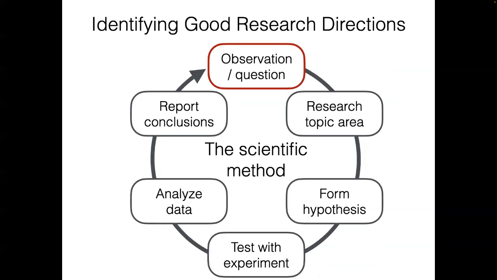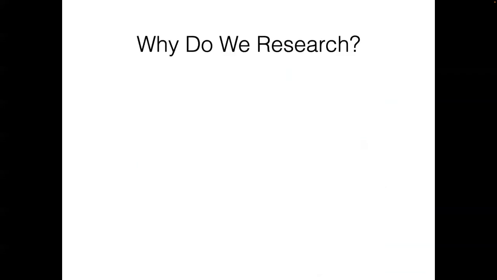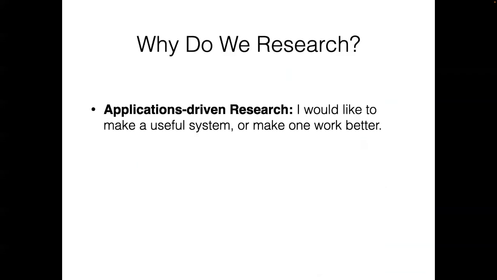So the first is on identifying good research directions. So this is making observations or asking different questions. And there's a kind of initial question, which is like, why do we do research at all? And one way to break it down is into 2 different categories.